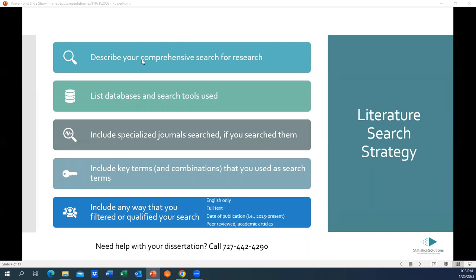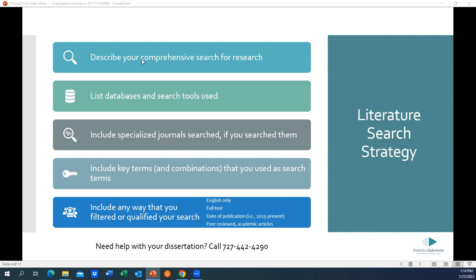You may need to include something from like a .gov website or something about statistics for context, but you're not reviewing the material that appears on websites. You're reviewing material that comes from these peer-reviewed journal articles, essentially.